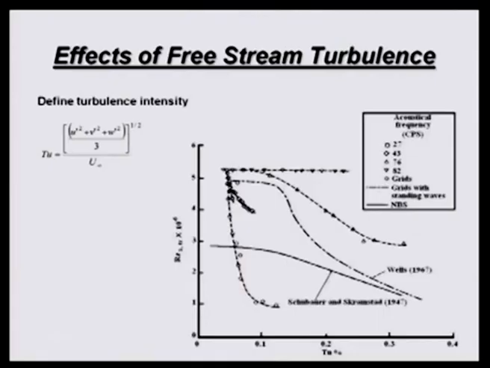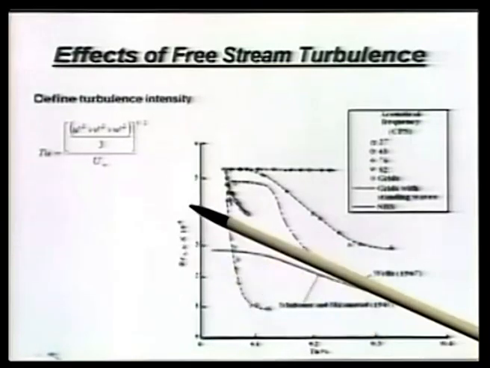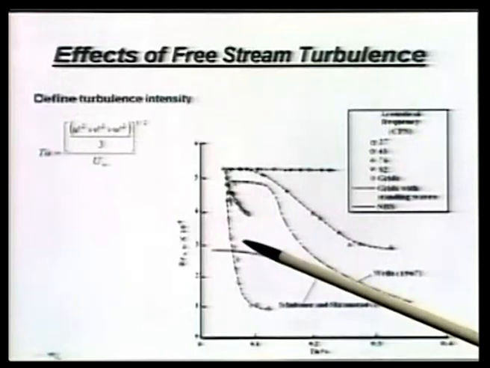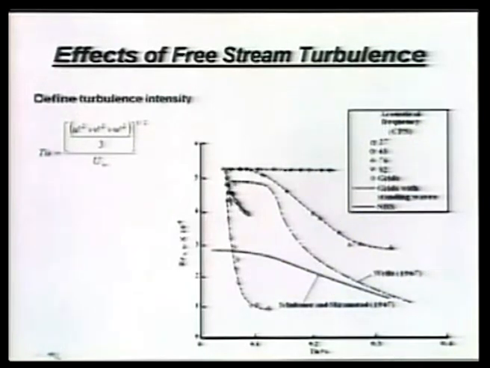This is a plot of transition Reynolds number versus turbulence intensity. Okay. And this solid line is the classical experiment of Schubauer and Skramstad, which shows that as turbulent intensity increases, the Re transition comes down.